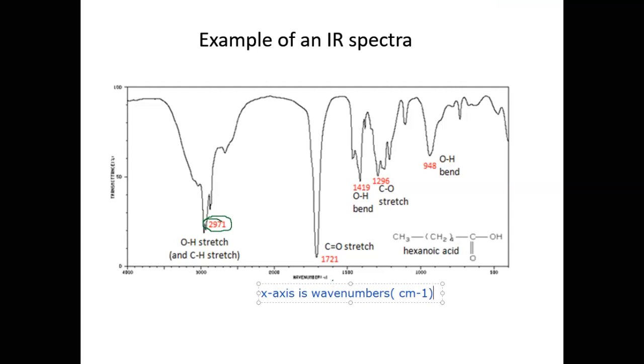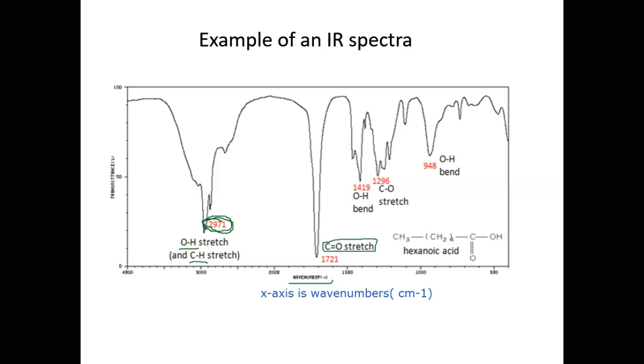So based on this compound, we had a frequency at 2,971, which means the OH bond is stretching and the CH bonds are stretching. So this tells you that this compound has an OH stretch and a CH stretch. At 1721 is characteristic for carbonyls. So you have this C double bond O stretching here.